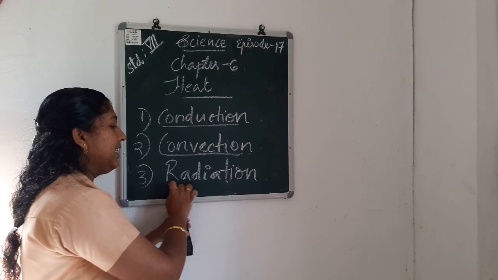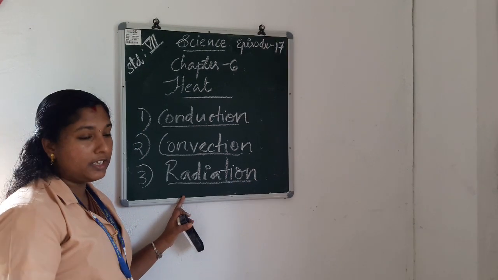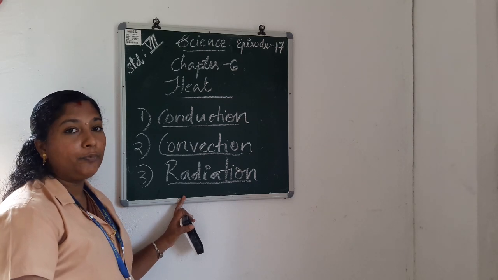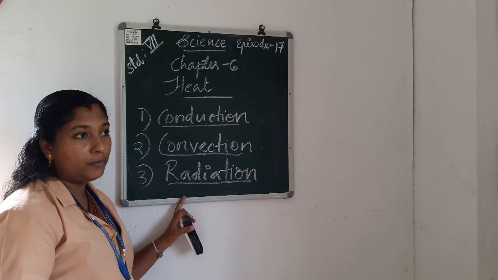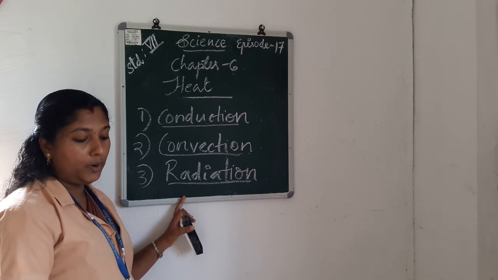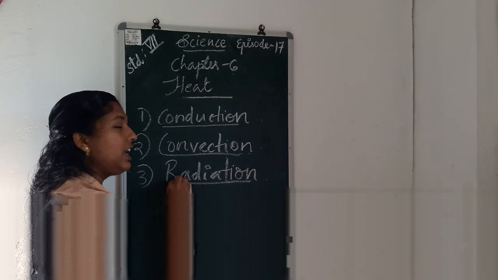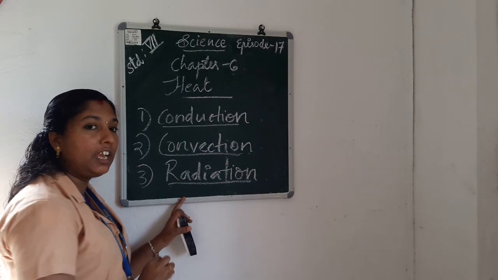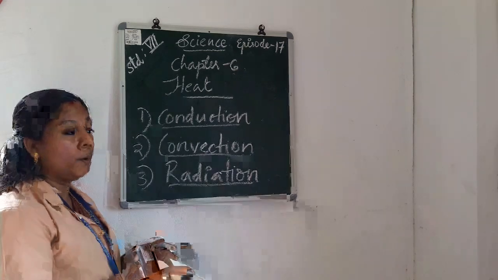Then what do you mean by radiation? Radiation is a mode of transfer of heat energy from a hot body to a cold body by means of heat rays without any medium between them.